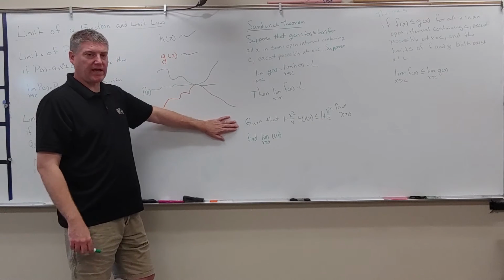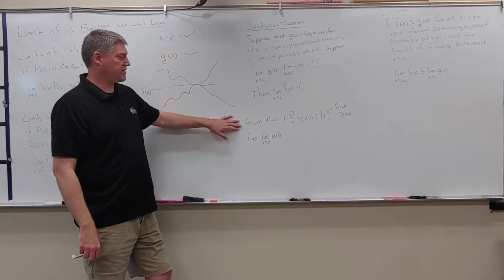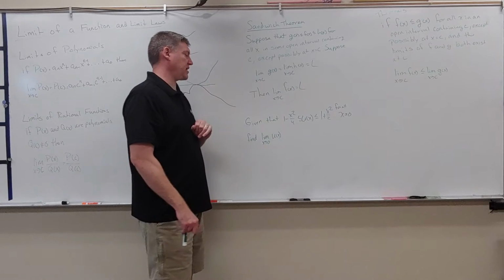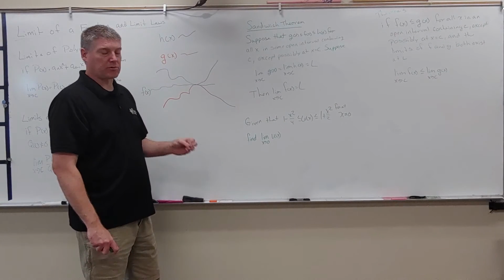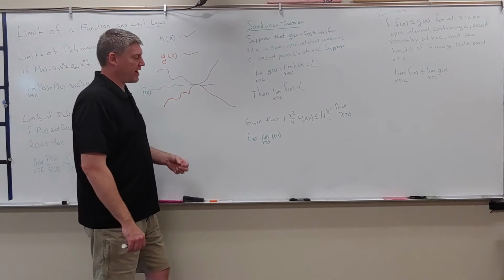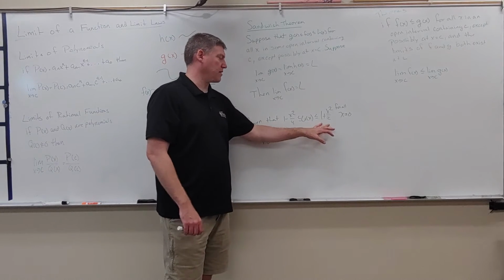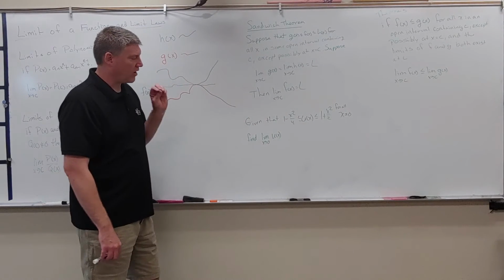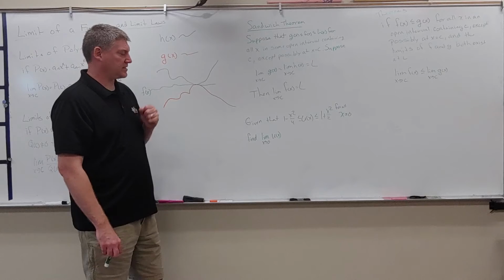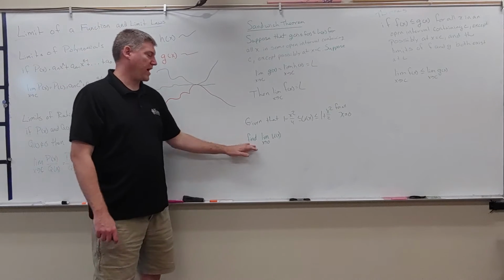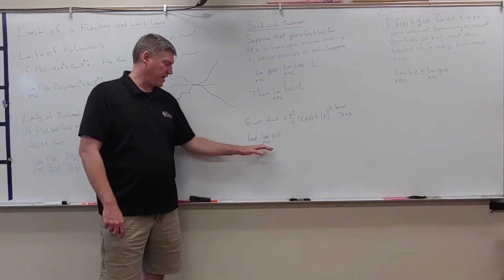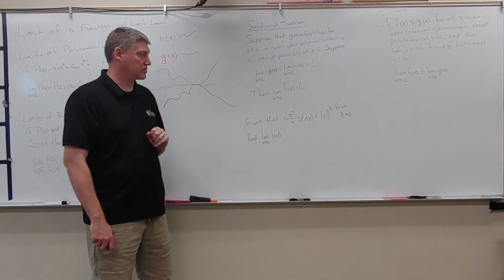So here we're going to apply the sandwich theorem. Given that 1 minus x squared over 4 is less than or equal to u of x, and u of x is less than or equal to 1 plus x squared over 2 for all x not equal to 0, we want to find the limit of u of x as x goes to 0.